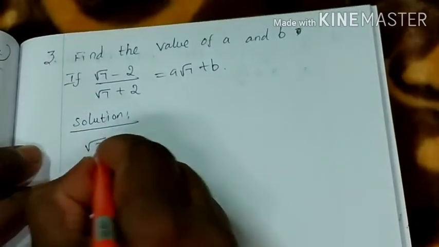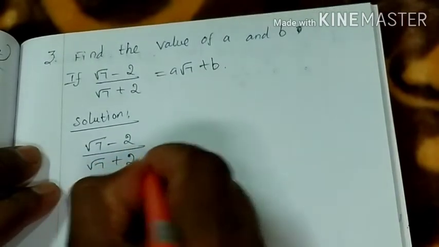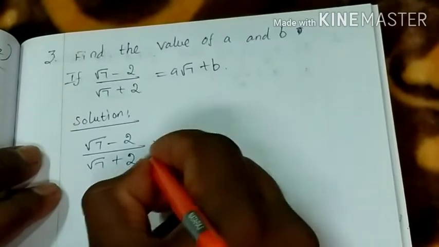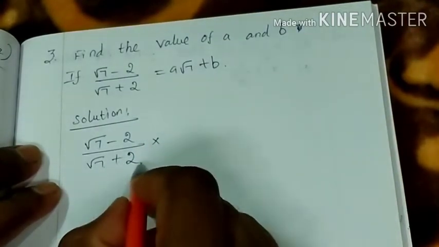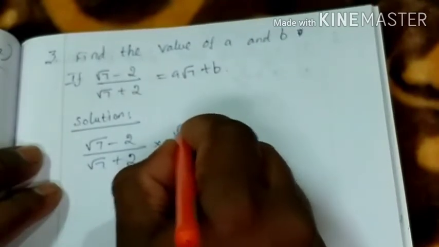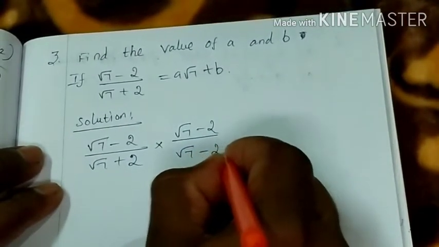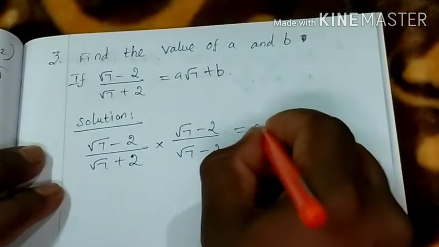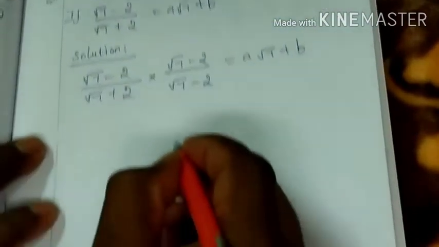We write the given question, root 7 minus 2 divided by root 7 plus 2, in the LHS. Now we want to write the conjugate. The denominator is plus 2, so the conjugate is root 7 minus 2. Multiply numerator and denominator by root 7 minus 2, which is equal to a into root 7 plus b, equating both the sides.